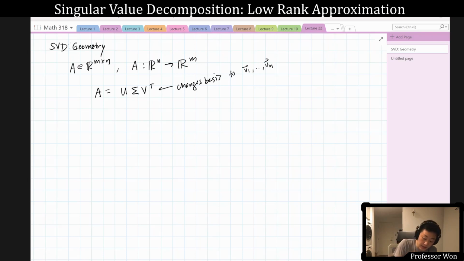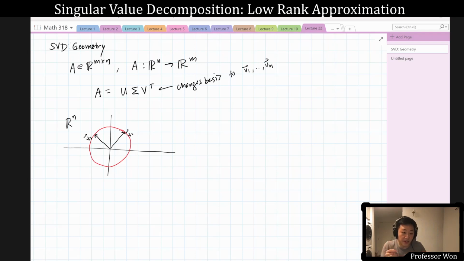So it's like we start in Rn, and this is the picture from the notes. I think it's a really good one. Let's just picture it as R2 for a second. We have an orthonormal basis of Rn, so in this case I'll draw it as two vectors that look like this. I can think about the circle that they define, the unit circle or the unit sphere in Rn.